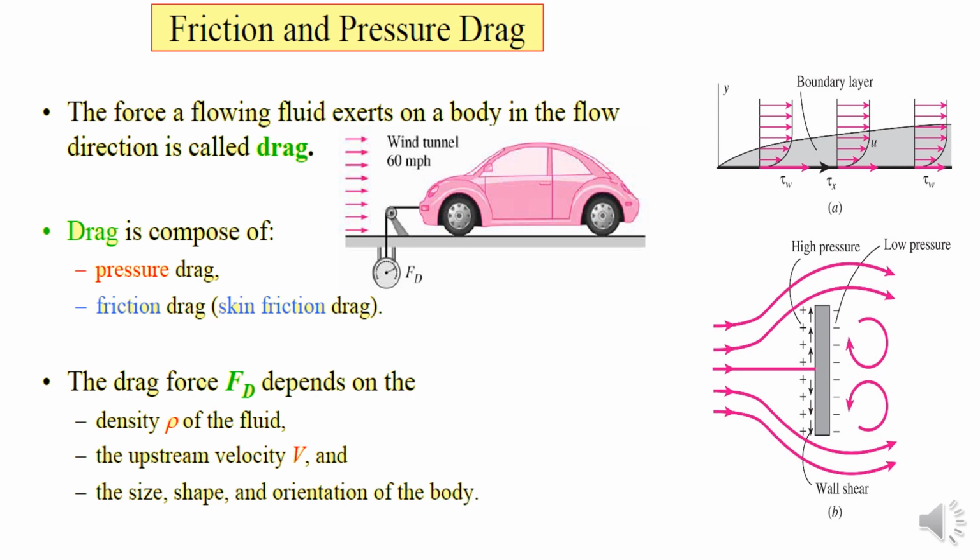This is dominantly composed of friction drag or skin friction drag. Whereas for the bottom figure, because of the high pressure at the front of the wall and low pressure at the back of the wall, this is dominantly pressure drag. The drag force depends on the density of the fluid, the upstream velocity, and the shape, size, and rotation of the body.